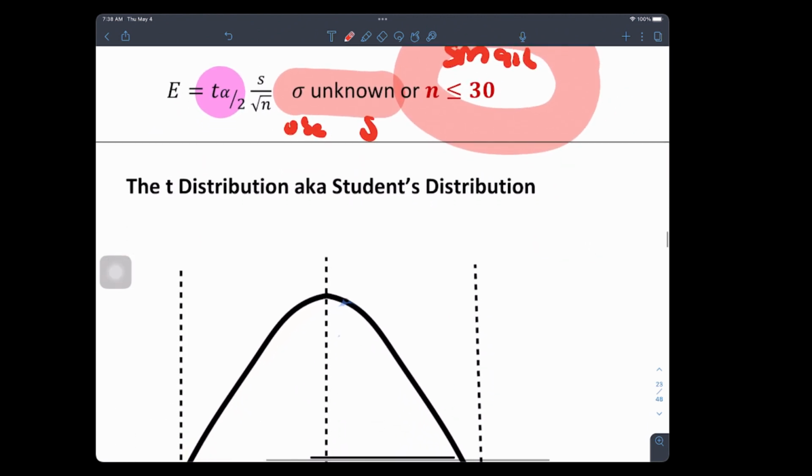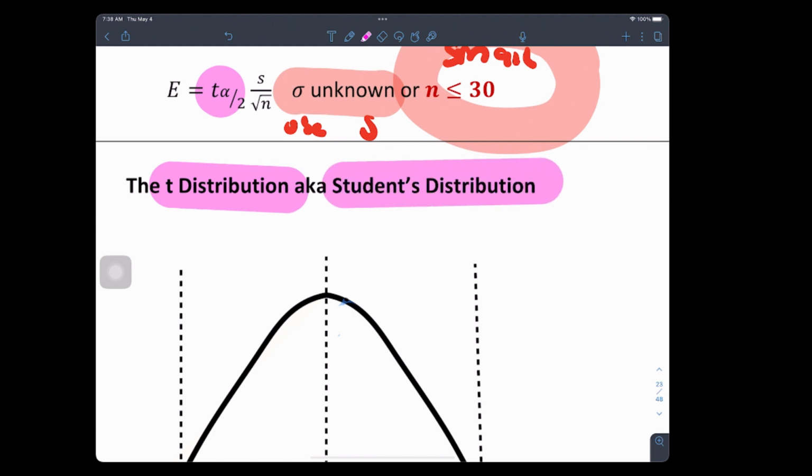And then you go, what is t? Well, t is formally known as the student's distribution.